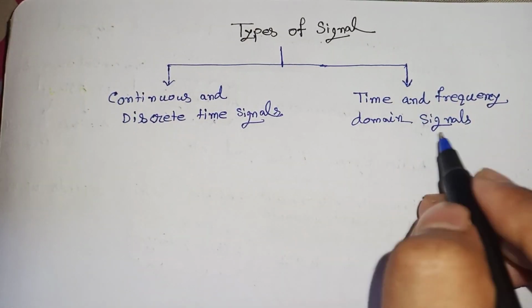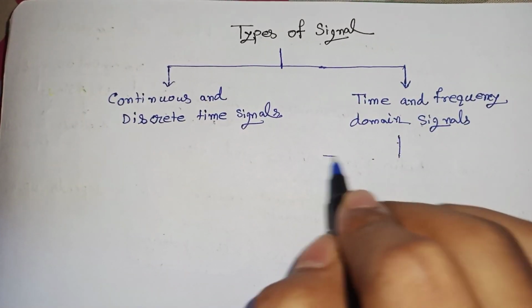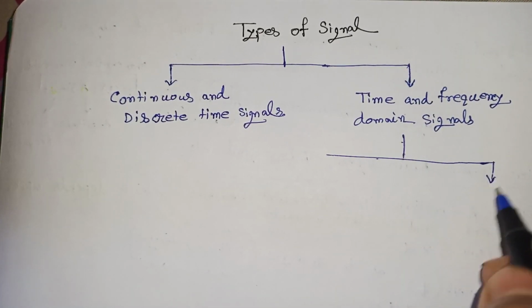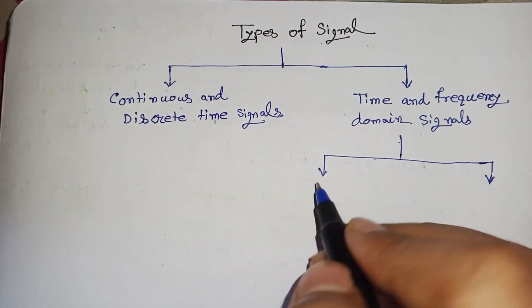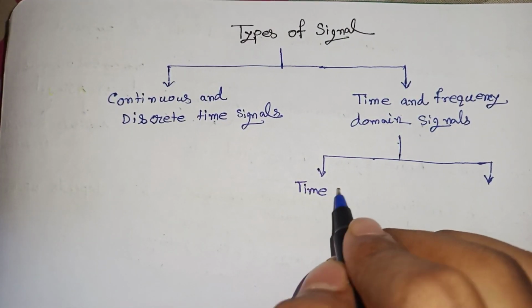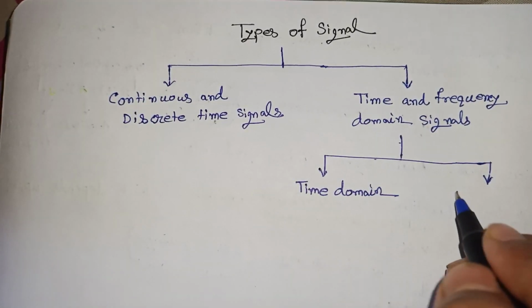We have already studied this. Now let's see some examples of time domain and frequency domain signals.